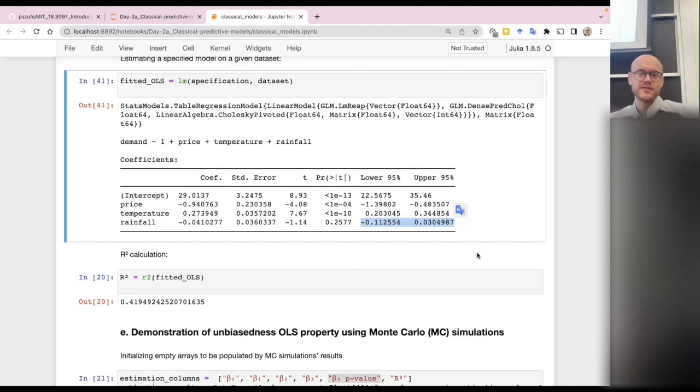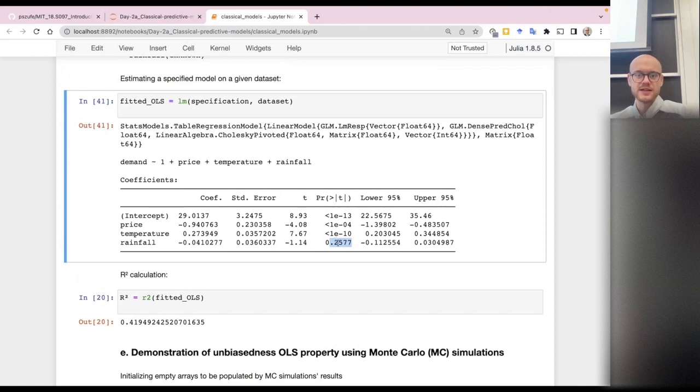Therefore, it is consistent with the p-value we have here, which is the statistic we use to make a decision when we do hypothesis testing, and we test whether rainfall is significantly impacting demand.